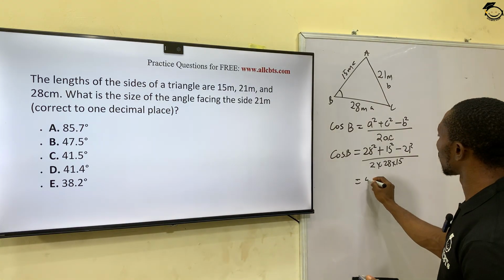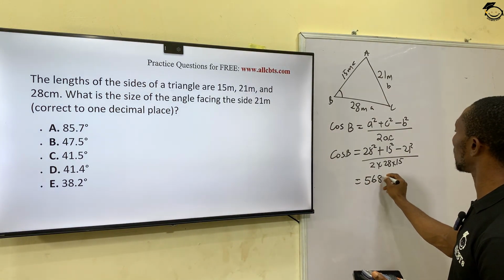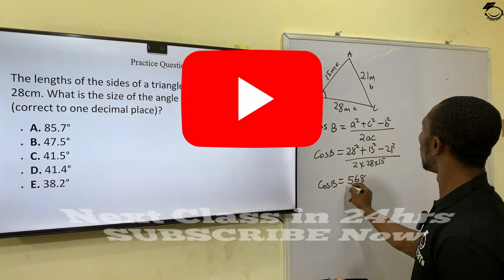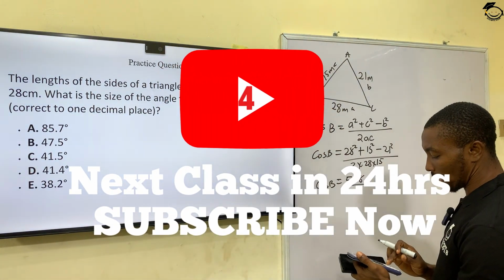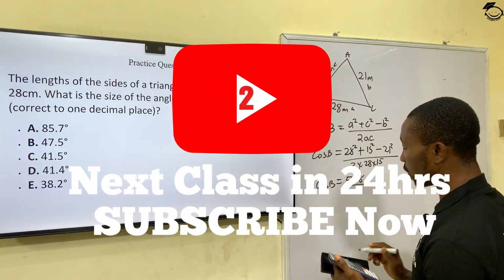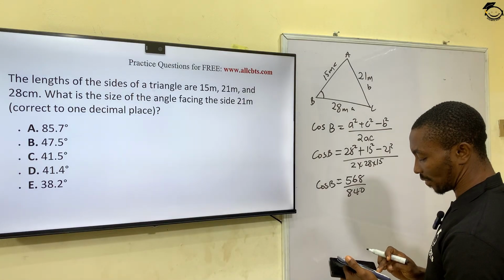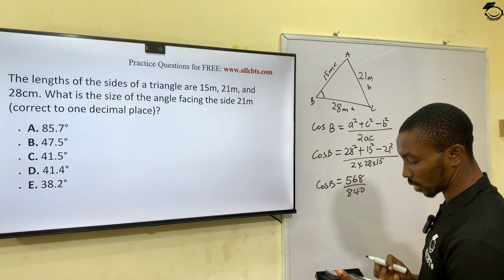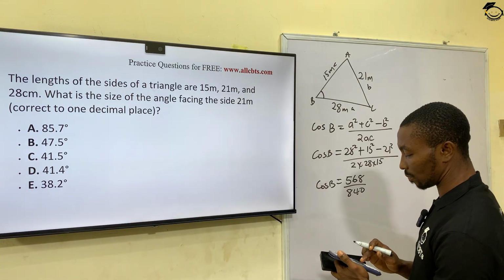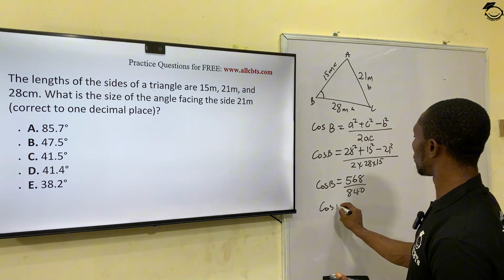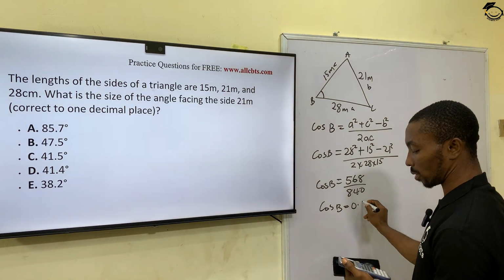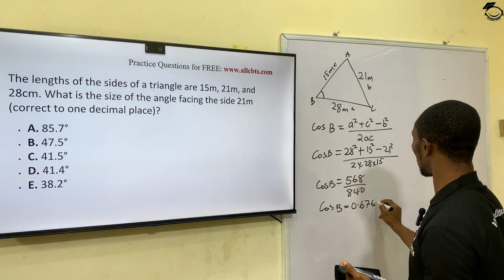This gives us 568, all over 28 times 15 times 2, which gives us 840. So dividing 568 by 840, we have cos B equals 0.6762.